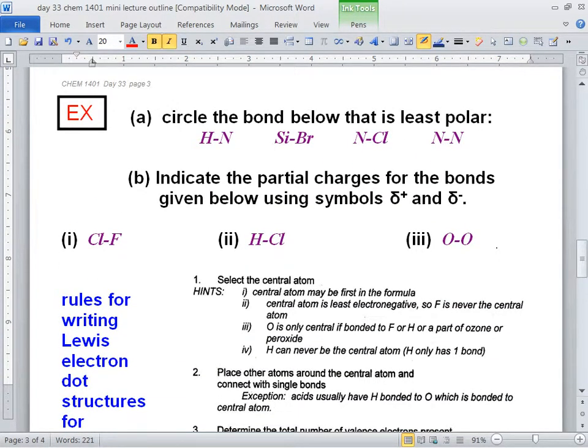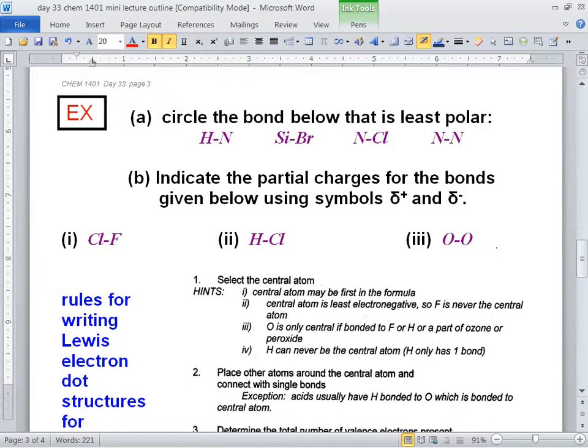Okay. Circle the bond below that is least polar. Dylan, we've got 1, 2, 3, 4 bonds there. And you're supposed to figure this out by comparing the electronegativities of the different elements. Which bond is the least polar?